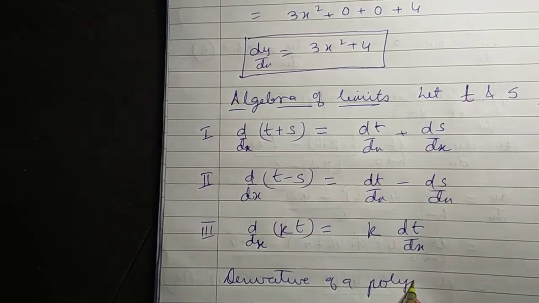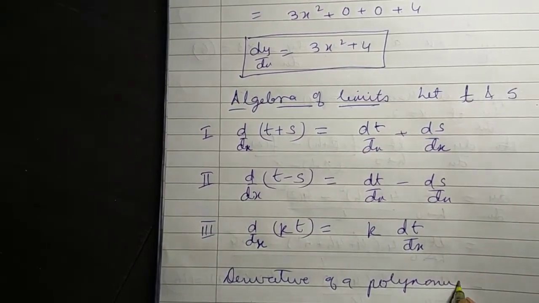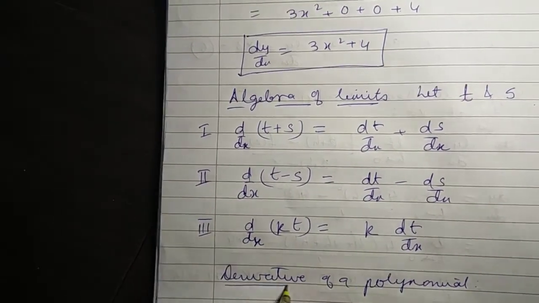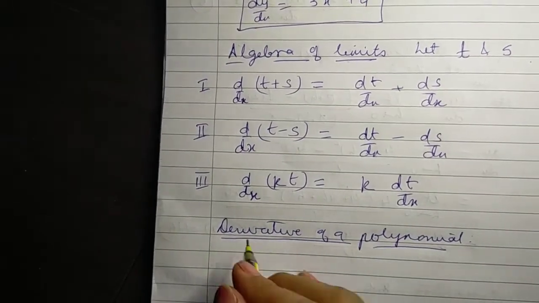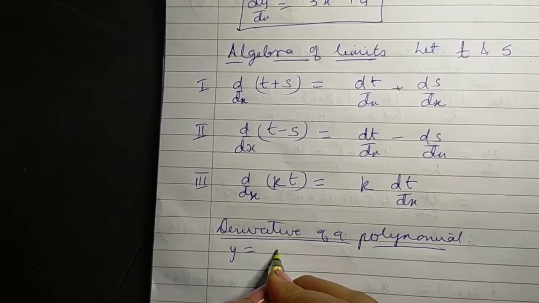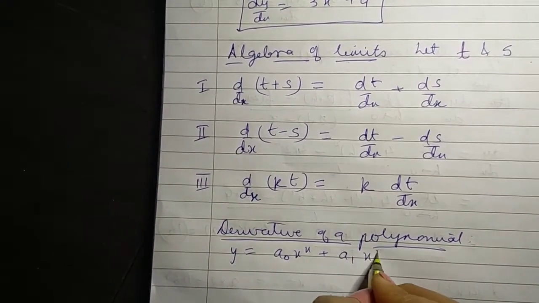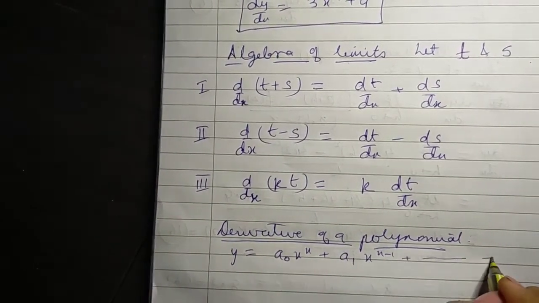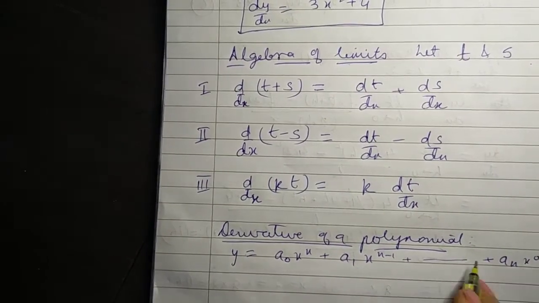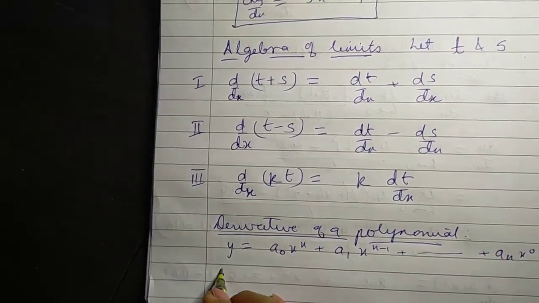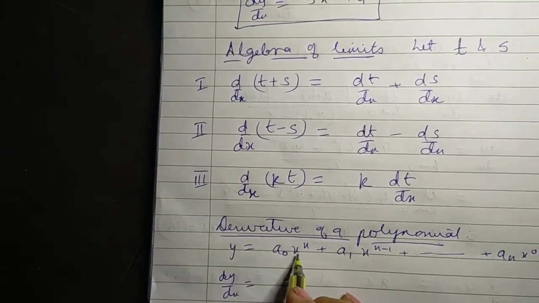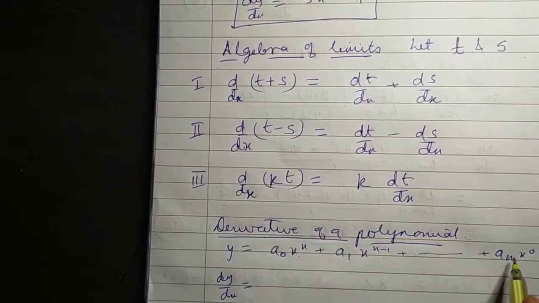So these three things we have seen, and we can generalize it to the derivative of a polynomial. Suppose you are given a polynomial, let's say y is equal to a0 x raised to n plus a1 x raised to n minus 1 and so on plus an x raised to 0. Then the derivative of this will be derivative of this plus derivative of this and so on.